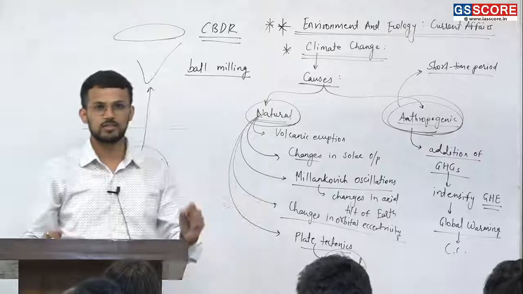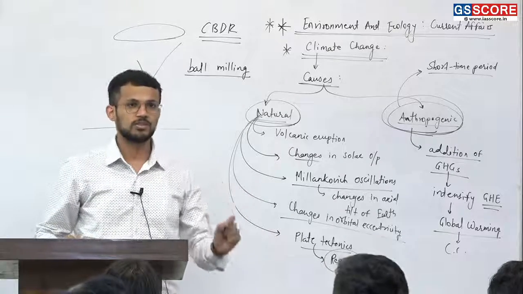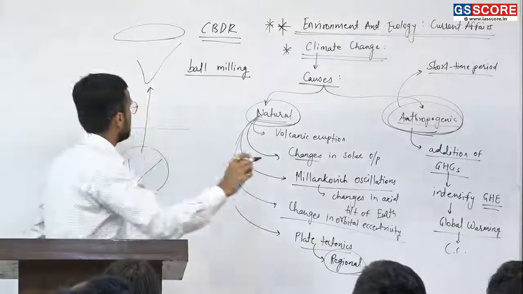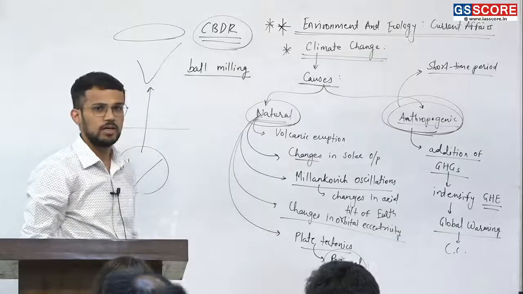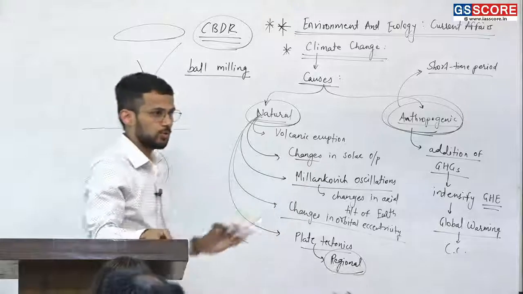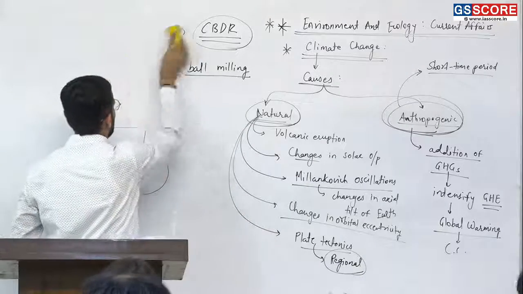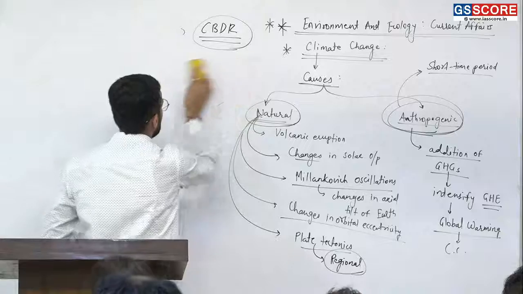That's why Pakistan is demanding compensation from developed countries. So it is nothing but the principle of CBDR, common but differentiated responsibility. I hope you are aware of this principle.